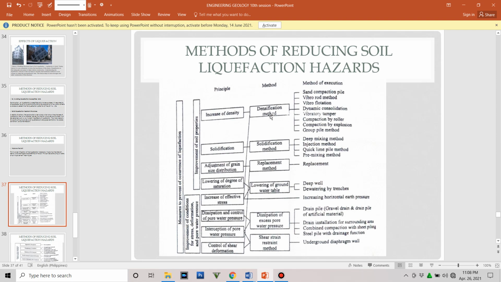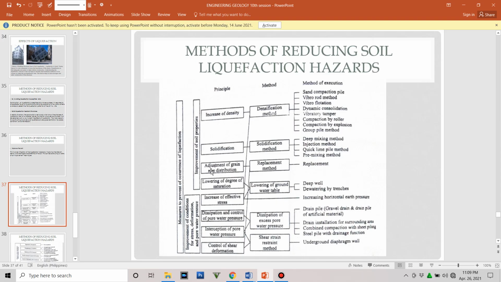Okay, that is the densification method. We also have solidification. Solidification method includes deep mixing method, injection method, weak lime pile method, pre-mixing method.